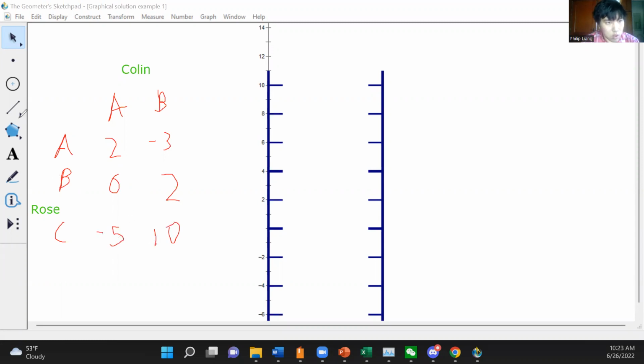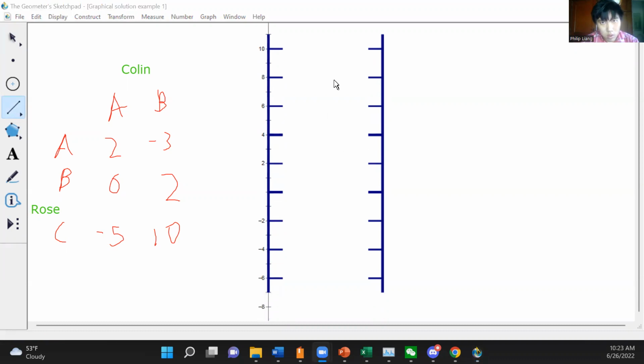Okay. Sketchpad to draw. So what we'll do is label this line column A, this line is column B.